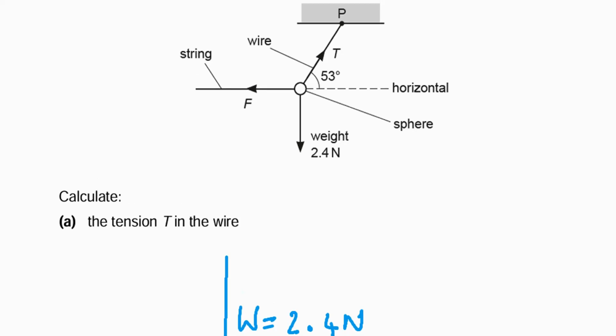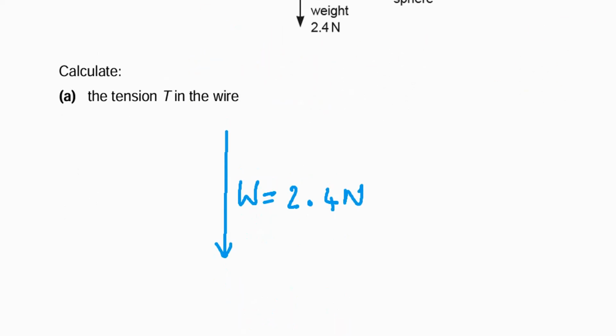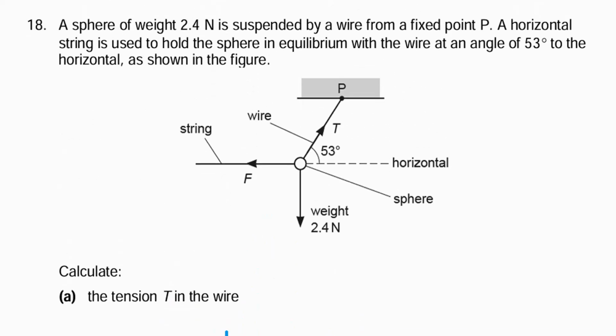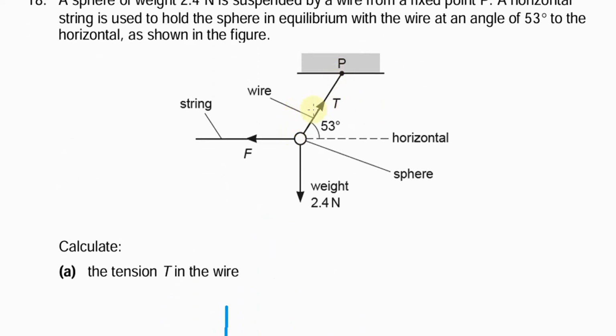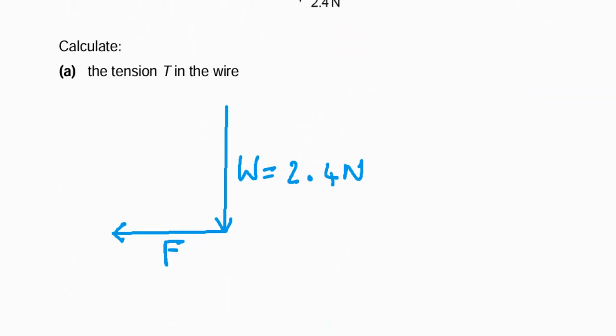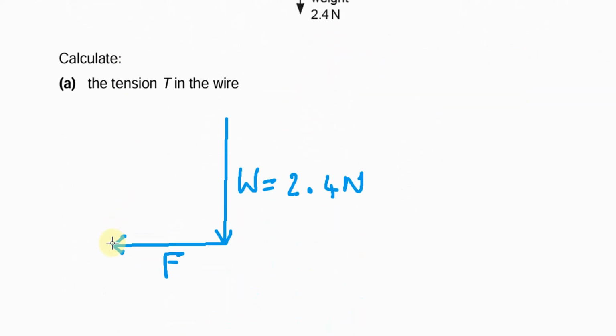Then we can draw the horizontal force F to the left. So these are all head to tail, since the object is in equilibrium. So F, and then the tension T.